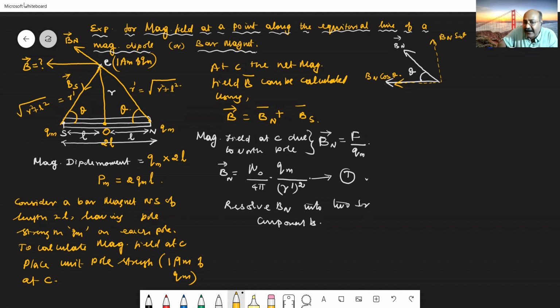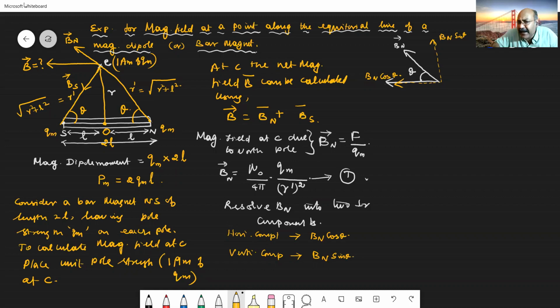So resolve Bn into two perpendicular components. The horizontal component from the diagram, I am writing as Bn cos theta, and another one is the vertical component. Both are perpendicular to each other. The vertical component is nothing but Bn into sin theta.